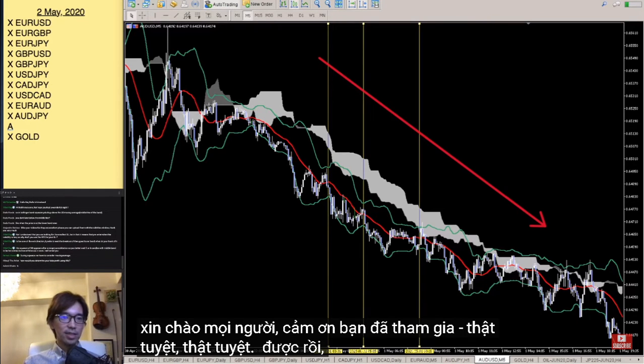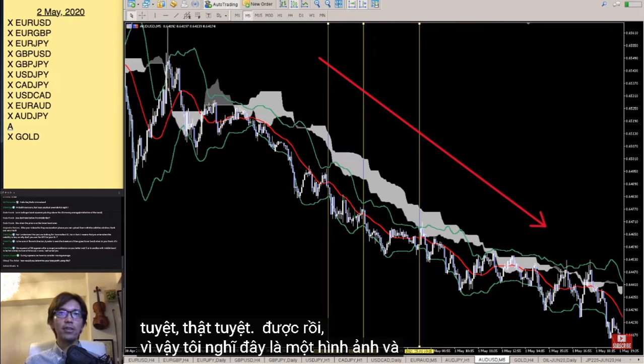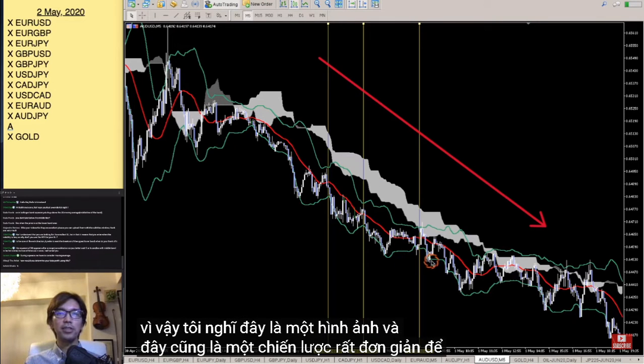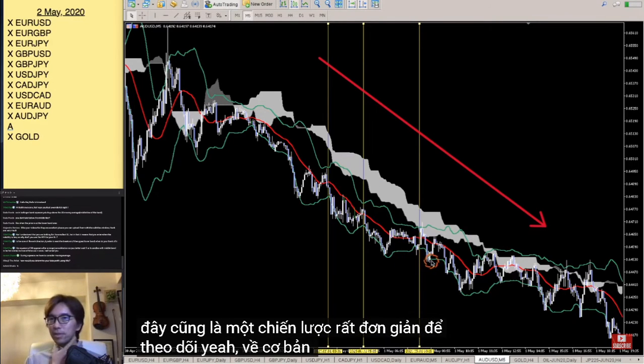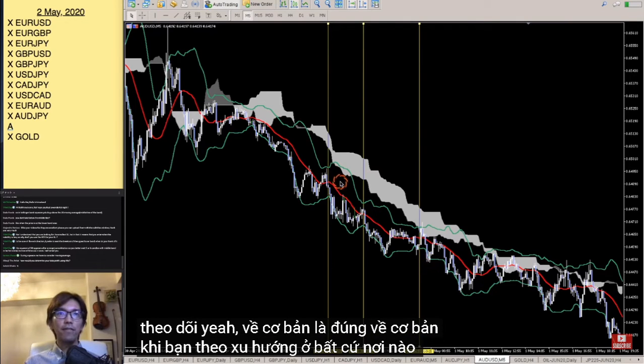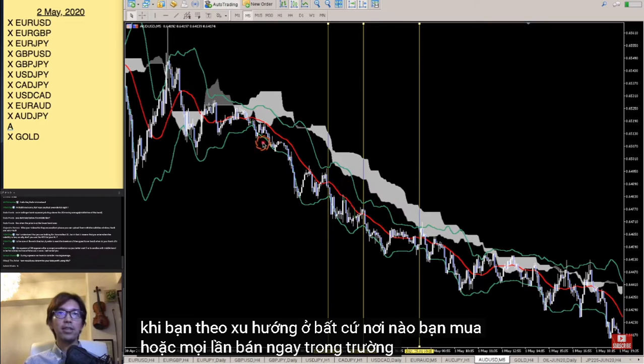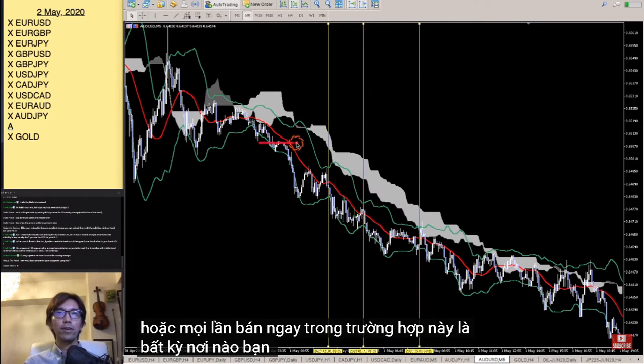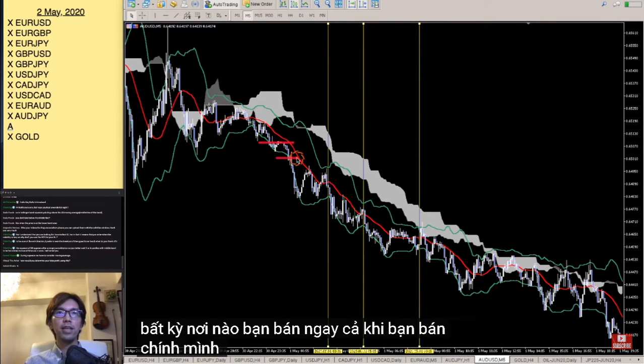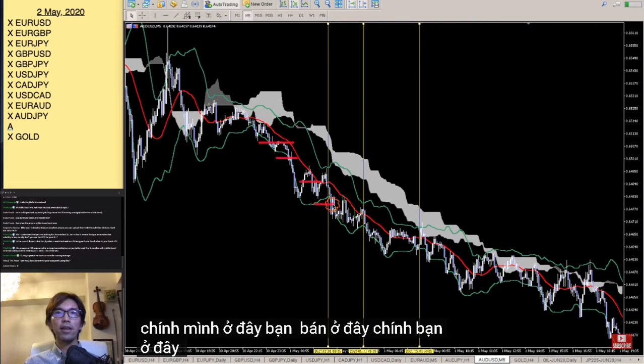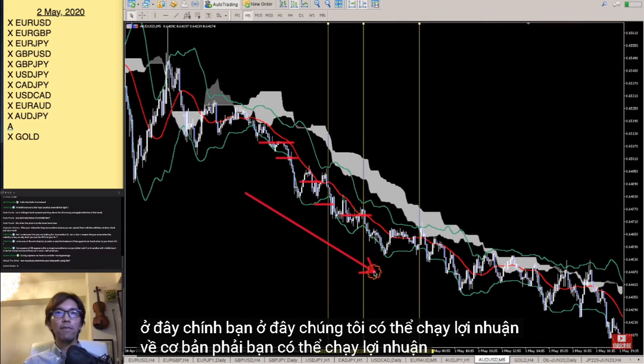All right. So I think this is visual, and also this is a very simple strategy to take trades. Basically, when you follow trend, wherever you buy or wherever you sell, right? In this case, wherever you sell, even if you sell here, here, here, here, you can run profit basically.